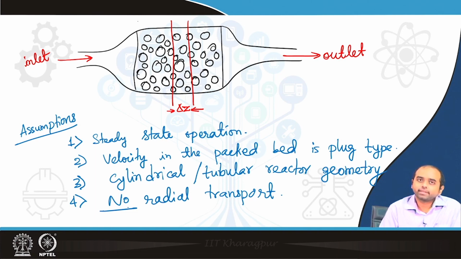Mass transfer by convection, this is something which we are also going to look into, but let me just spell it out now, that for the time being we can say that the mass transfer by diffusion is not so significant over convection, but you already know that in case of gas phase systems diffusive effects are very important. For liquid phase systems we can safely ignore axial diffusion with respect to axial convection, right.